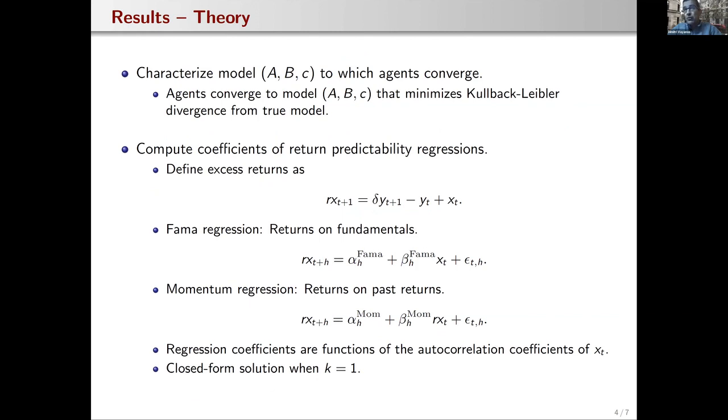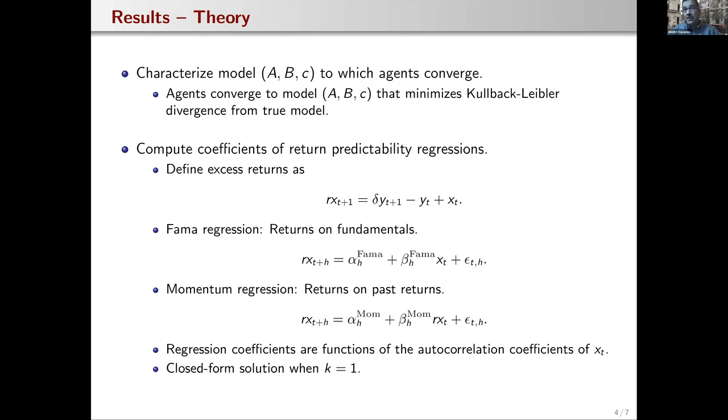And then the paper goes on to compute the coefficients of this return predictability regression. They define excess returns in the standard way, and then they do what they call a Fama regression, where they regress returns on fundamentals over different horizons, on fundamentals today and returns H periods from today. Also the momentum regression, which regresses returns H periods into the future on today's returns, I mean past returns.